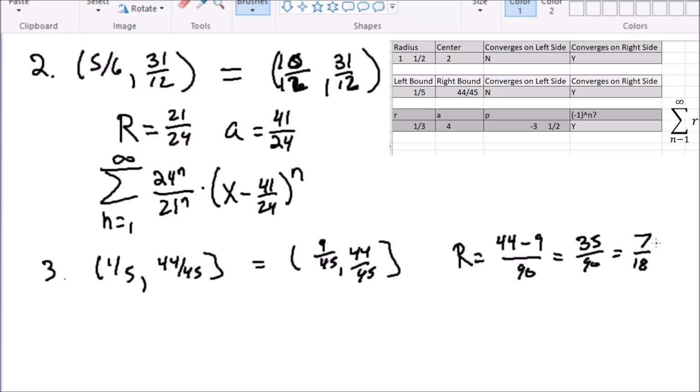Okay, so my radius is 7 over 18, which means my center A is 1/5 plus 7 over 18. Sure. Which is 18 over 90 plus 35 over 90.